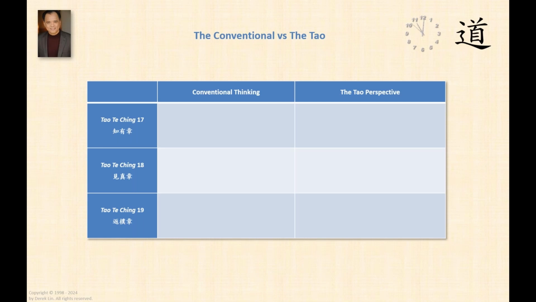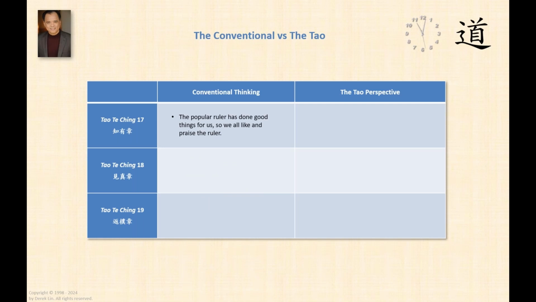And in the columns, I have the conventional thinking on the left, the Tao perspective on the right. And that comparison and contrast is what the 3 chapters are about, although it may not be apparent at first. So let me take you through how that works, starting with 17.